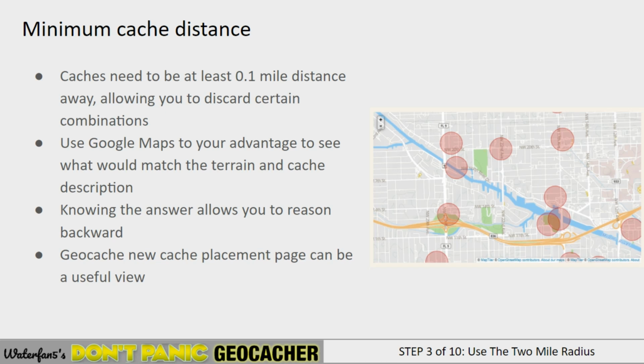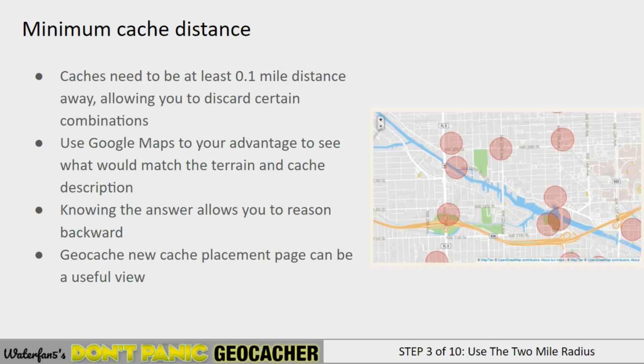So try to, on the map, already draw the 2-mile radius again and see what falls in there. Where could it be? For example, does it mention a park? Say like, oh, entrance fee is required. Does it mention it's not on the cemetery? Well, most likely it will be near that cemetery. So take those into account. That may help you try to figure out where the final will be.